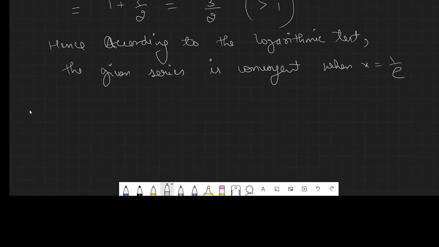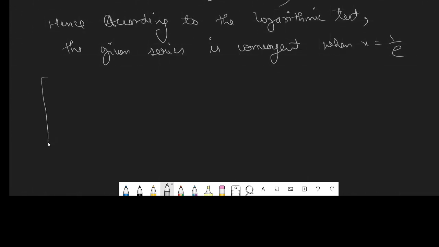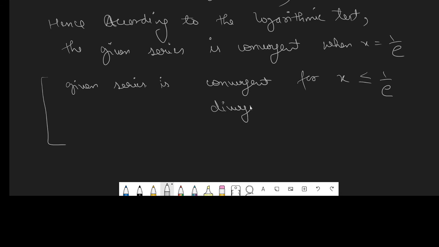So for the final answer, the given series is convergent for x less than or equal to 1 by e and divergent for x greater than 1 by e.